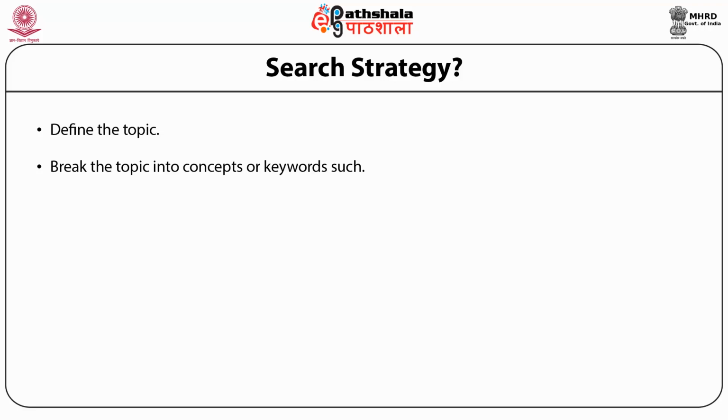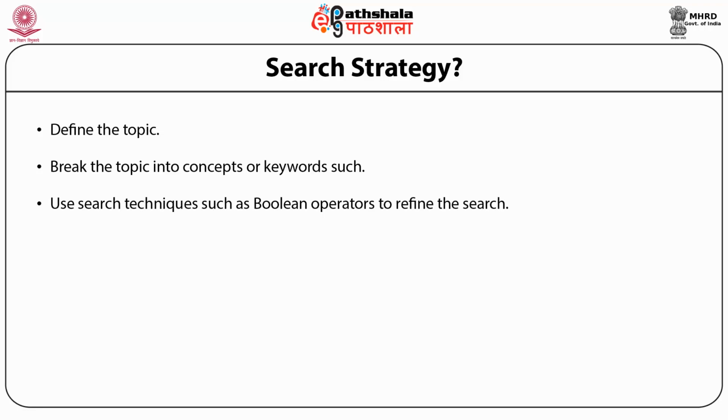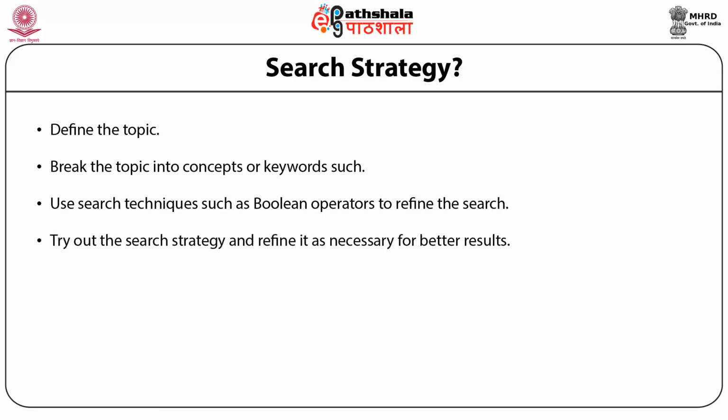Then third, use search techniques such as Boolean operators to define the search. So the Boolean operators AND, OR can be used to further refine the search so that you are able to get more precise results. And then you have to try out the search strategy and refine it as necessary for better results.